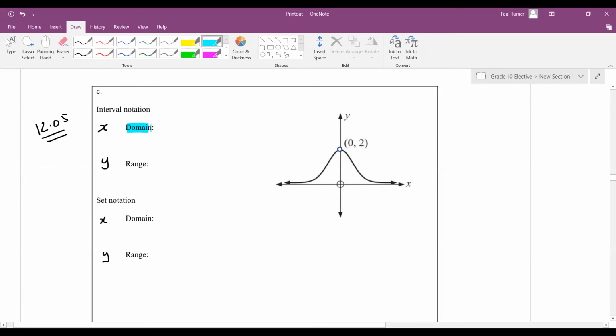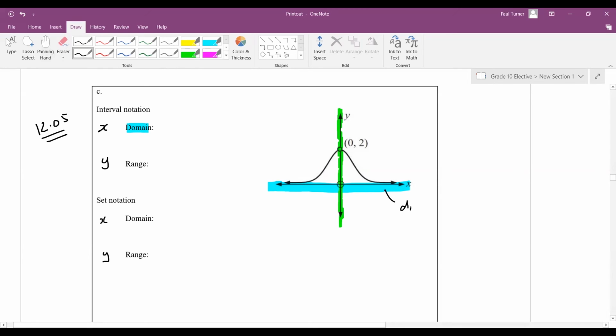So remember domain. Look at your graph here along the x-axis. What's happening to your graph? Where do you see your graph? Where do you not see it? And the range is along the y-axis there somewhere.